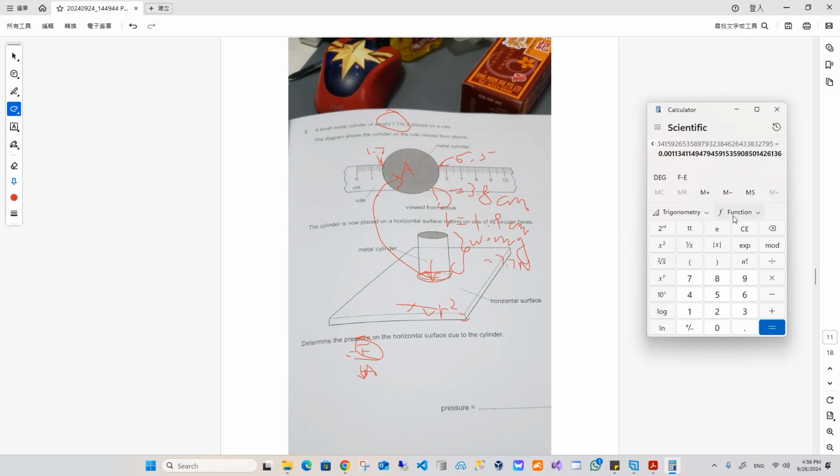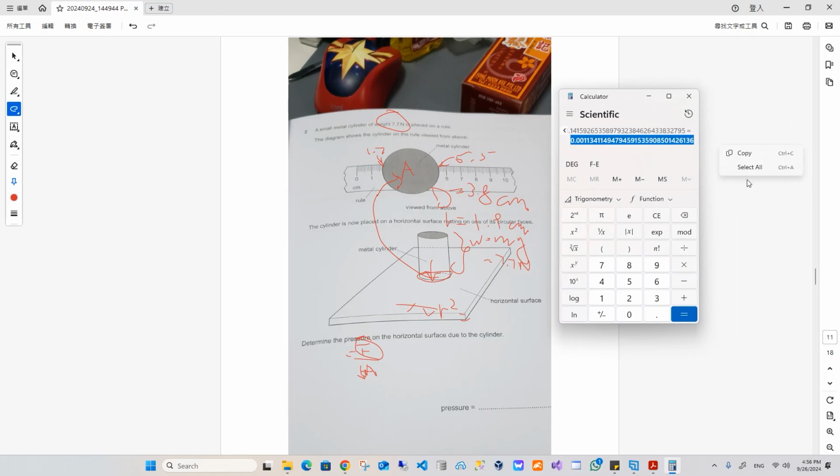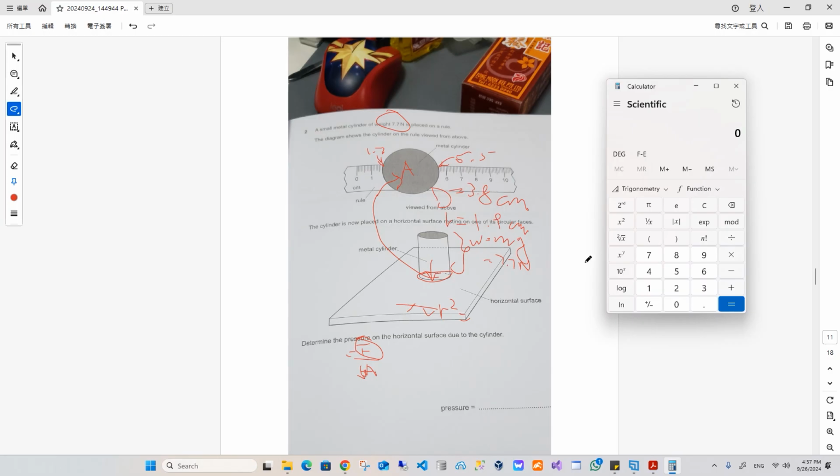So pressure is the force divided by area. I copy the area. I have the force, which is 7.7, divided by the area.